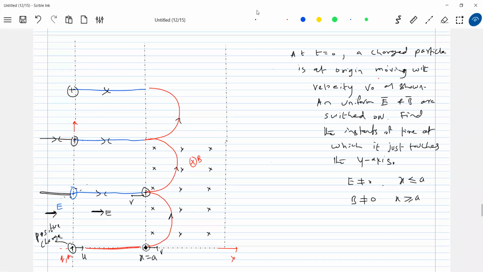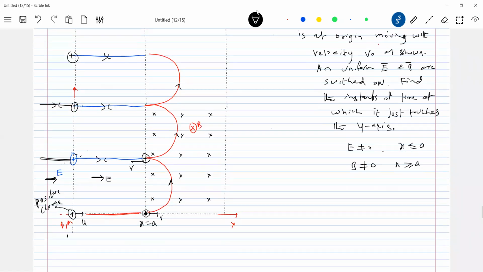If you just give the names for these points as 1, 2, 3, 4, 5, 6, 7, 8, then the time taken to move from 1 to 2 and 3 to 4 will be equal.